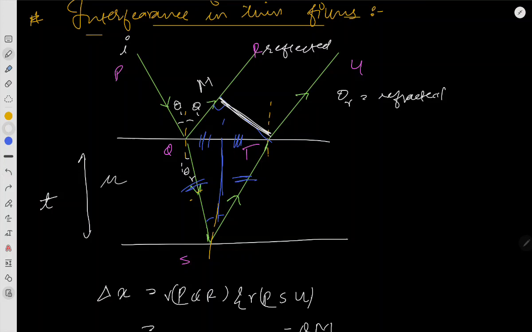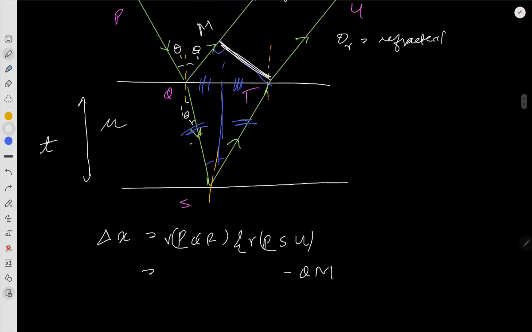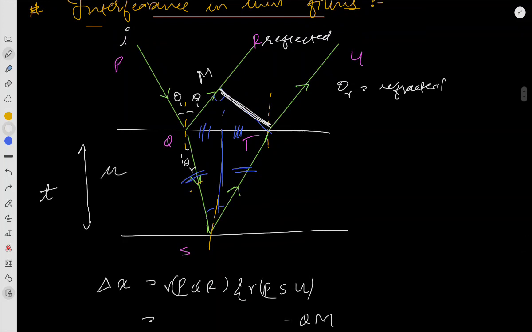The ray PQSU has traveled QSU extra, while on the other hand, the PQR ray has traveled QR extra, if you put a perpendicular and understand it. So QST is the extra part that the ray PQSU has traveled.